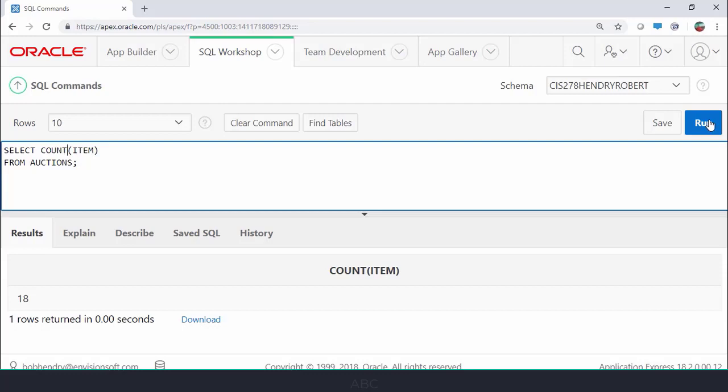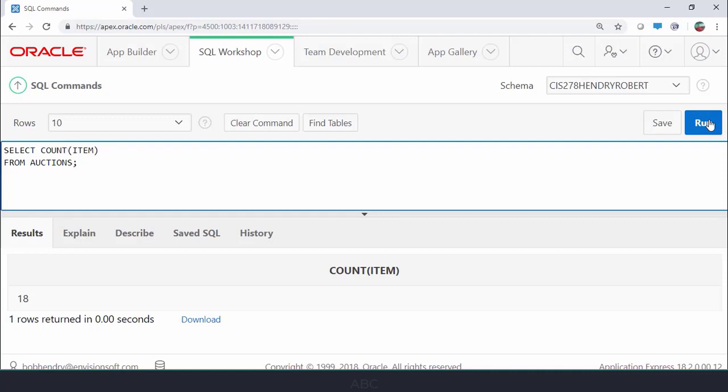What if I wanted to see the number of distinct items in our auctions? We have 18 records in our auctions table, so 18 items. How many of them are distinct? Well, we know 10 of them are, because we ran select distinct item from auctions, and if we counted them, we'd get 10.